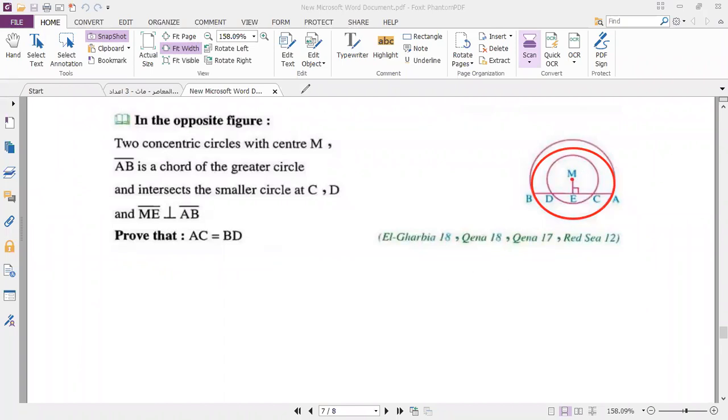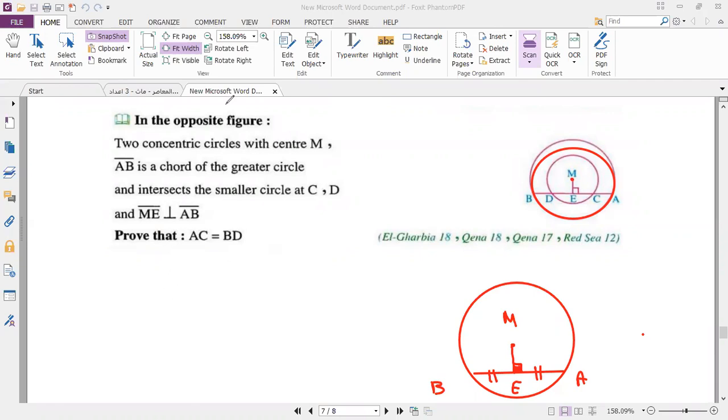Let's draw it here in this place. Here is the larger circle, and we have a chord here, which is AB. And ME is perpendicular to this chord. So AE equals EB.